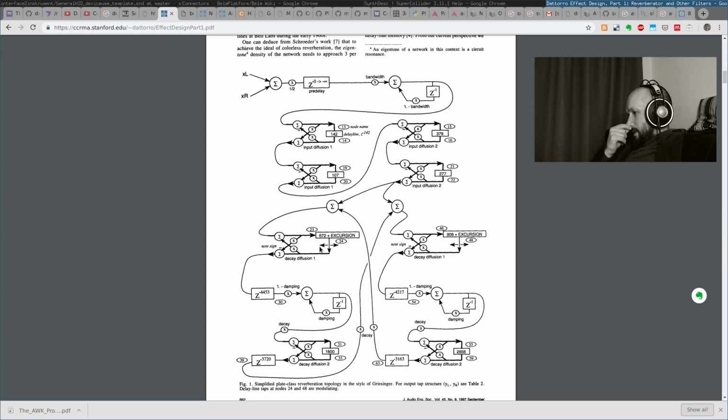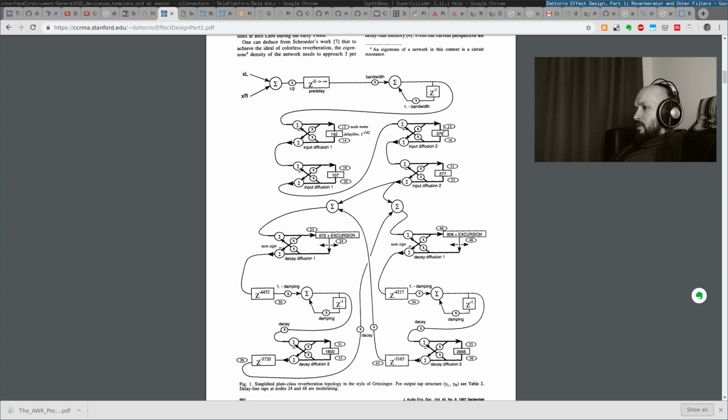And the next thing is that the delay time here is modulated. We have an excursion parameter which is set to be 16 samples maximum. The next signal is delayed, and the delay time is rather big here compared to the other delay times.